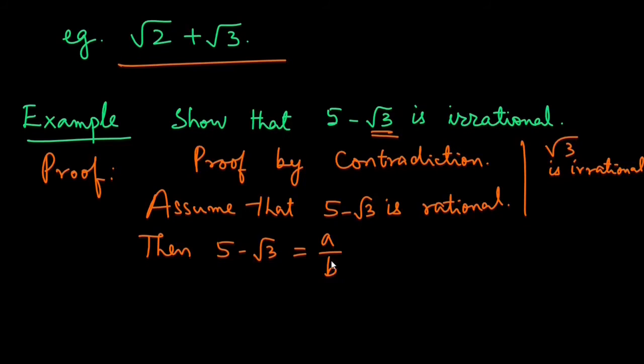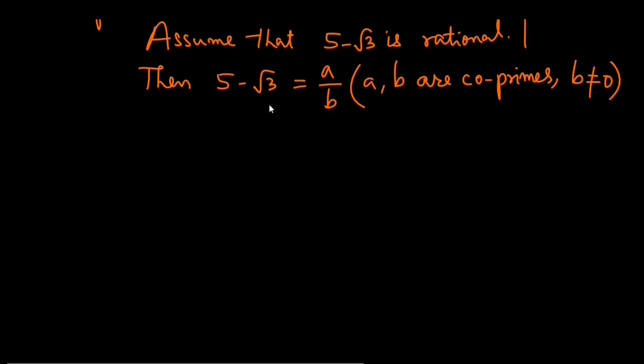We are writing it here in p by q form as a by b, where a and b are co-primes and b is not equal to 0. So here let us keep root 3 on one side and take the other numbers to the other side.